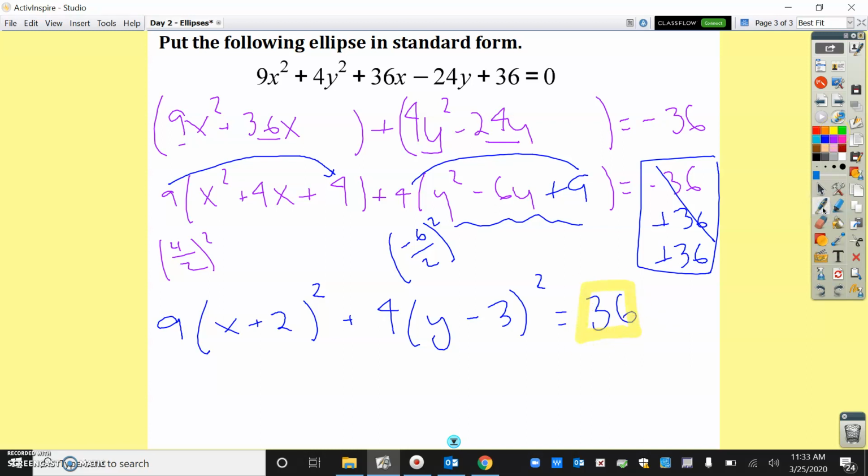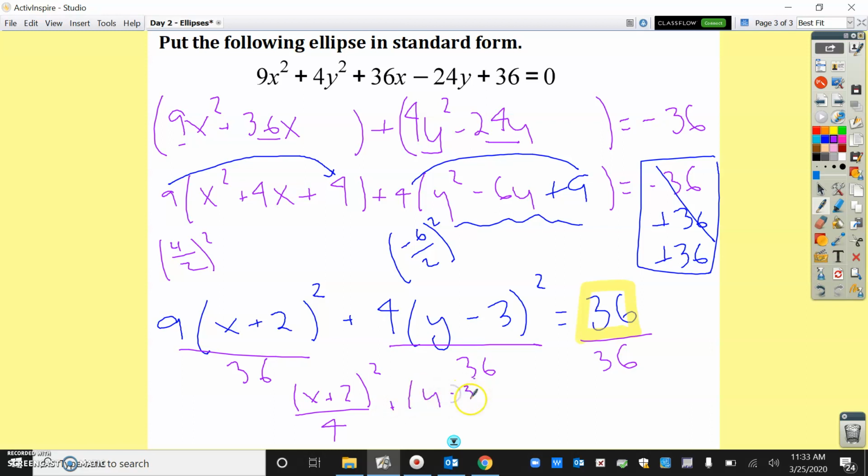So to get that to be equal to 1, the final step is dividing everything by 36. Simplify it, and you get x plus 2 squared over 4 plus y minus 3 squared over 9 is equal to 1. If you wanted extra practice, you could graph this on your own.